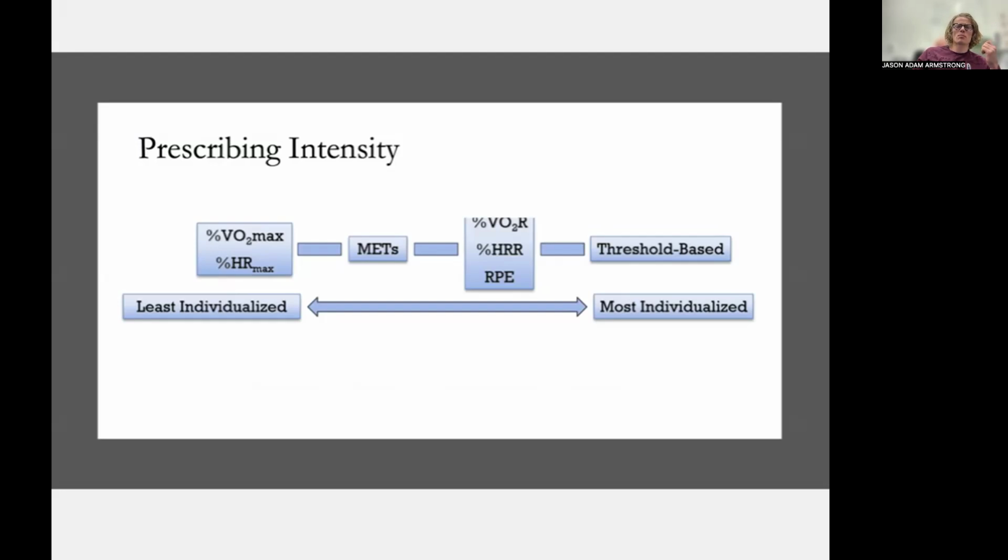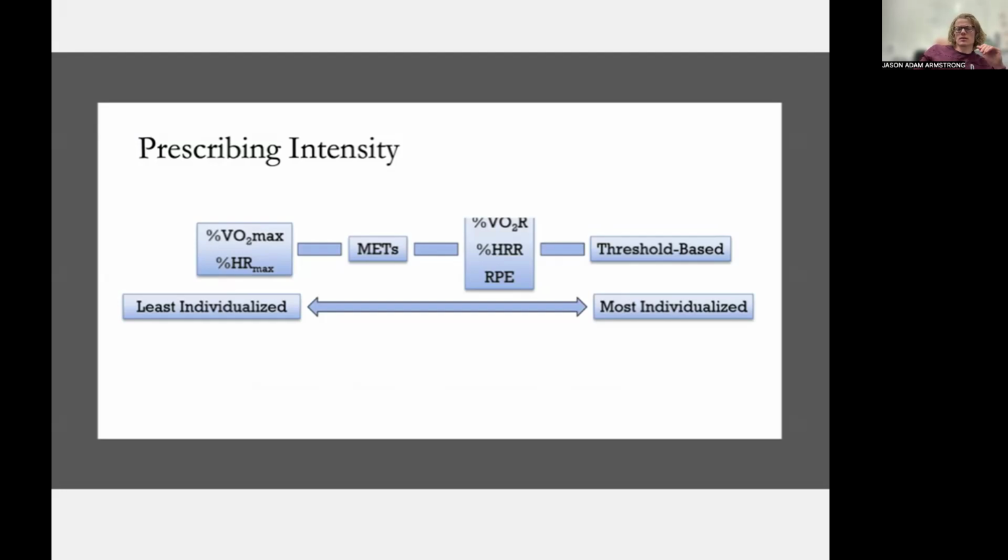RPE is just your rating of perceived exertion for how difficult something is. So it's totally subjective. But because it's subjective, it's also very individualized. It's someone telling you what their personal experience is. And then the most individualized would be threshold-based training, because that is indicative of what's happening metabolically speaking. And that is typically done with lactate or ventilatory thresholds, and we'll get to those a little bit later on.